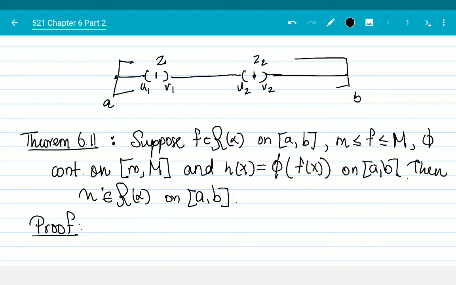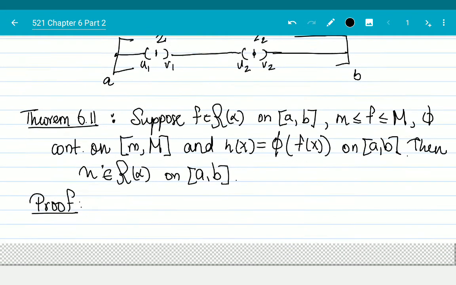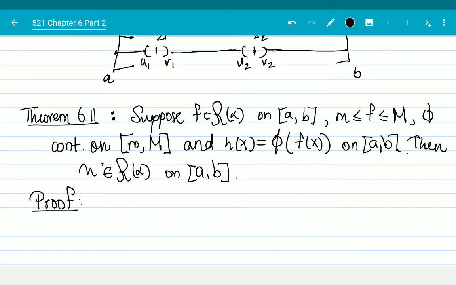I am assuming this time that f is already integrable, and I am trying to say that if I have a function which is integrable and I compose it with a continuous function, the resulting function is also going to be integrable.